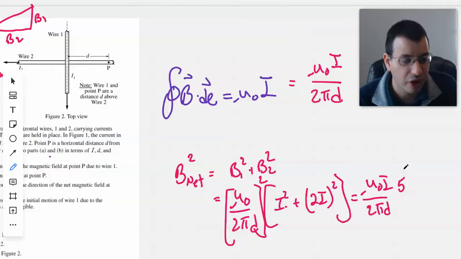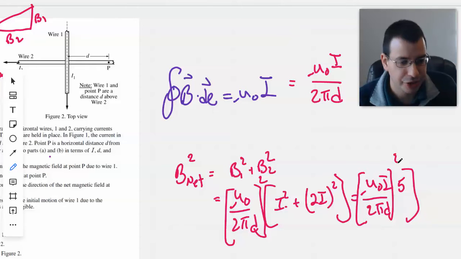Times 5. And I guess this portion here is squared. Man, I am not making this simple.